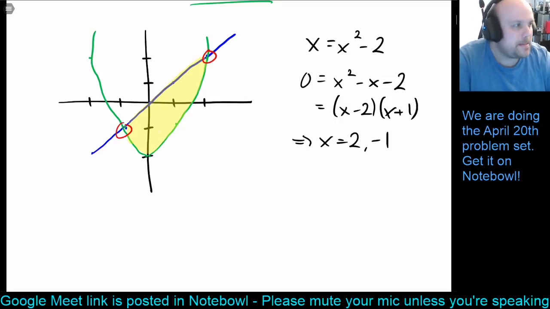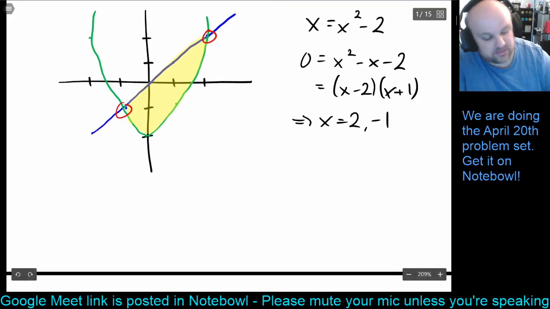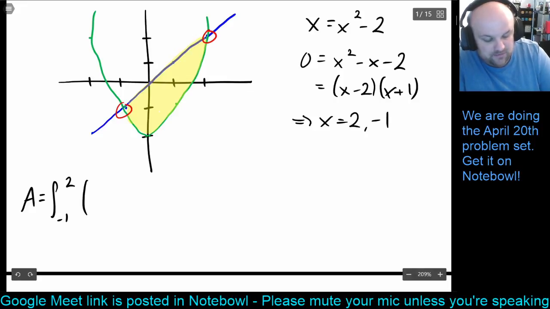So we just need to do the integral now. The area is going to be the integral from minus 1 to 2 of the top function, which is x, minus the bottom function.